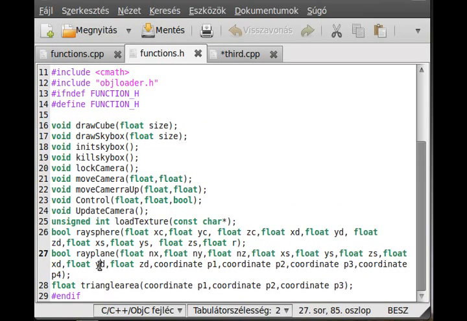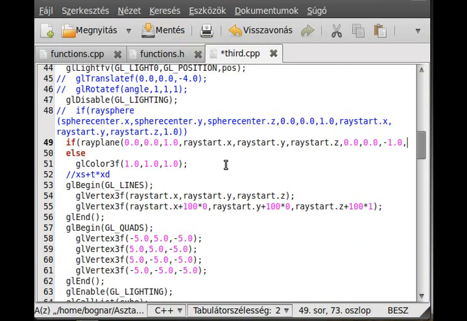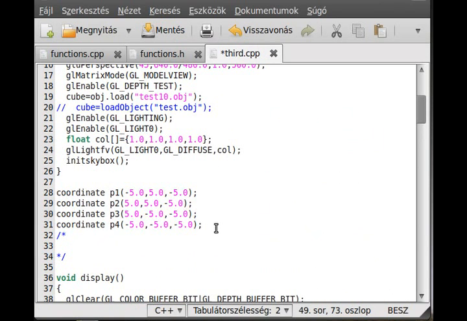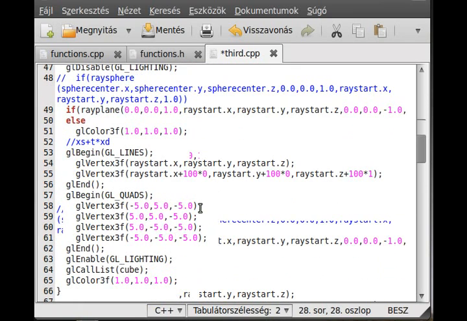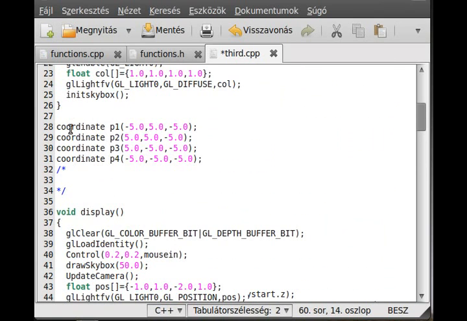Okay, and then where is the next? Oh, the coordinates of the plane. Oh, I forgot to show you that I've created 3 coordinates, which are the same coordinates as the plane coordinates, as you can see. So these are the same numbers. I just created the 4 structure with it, 4 instances of a structure if I want to be more precise.